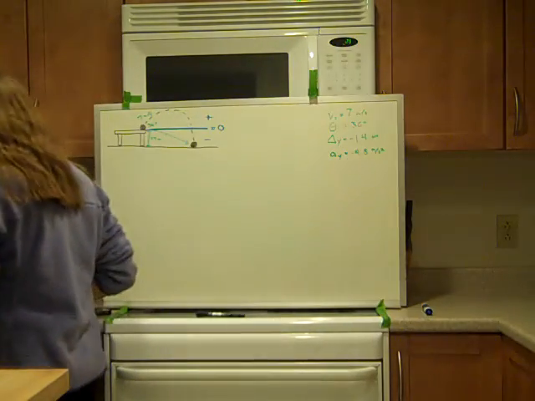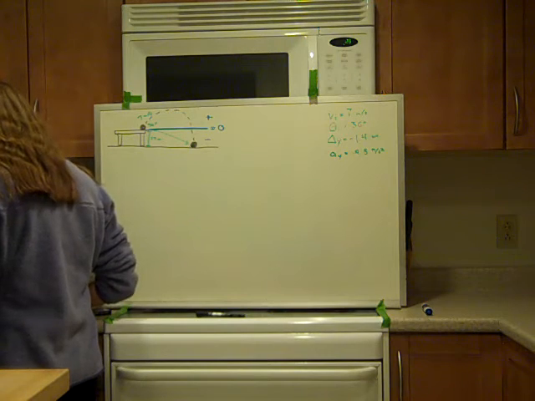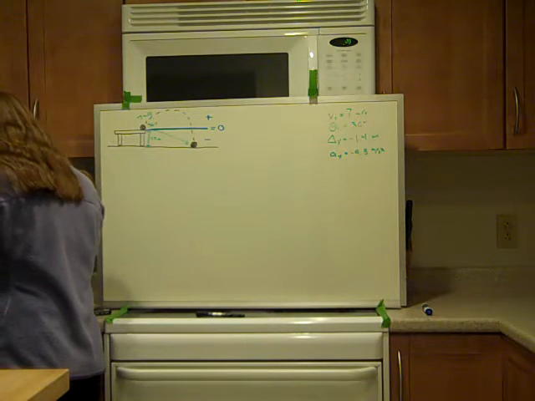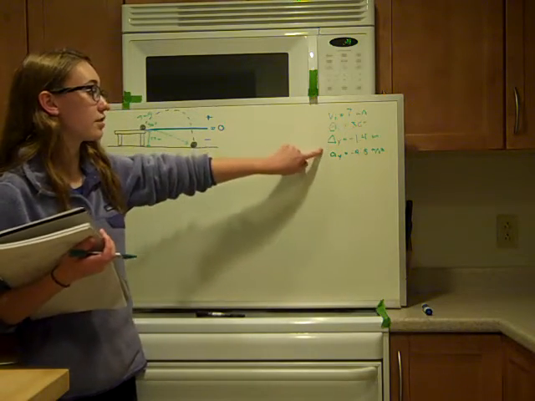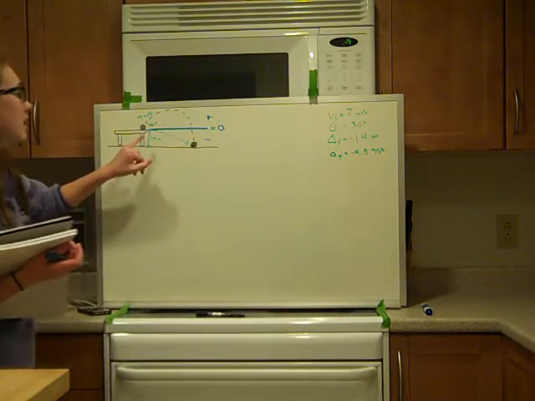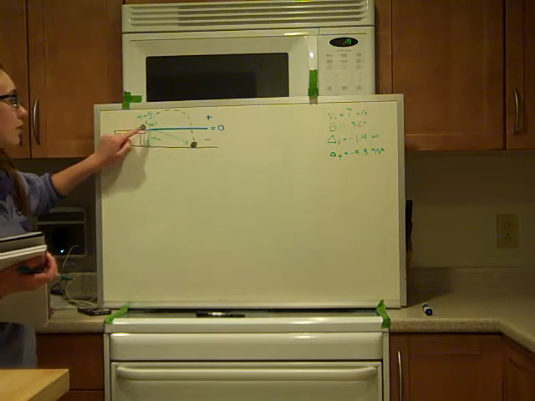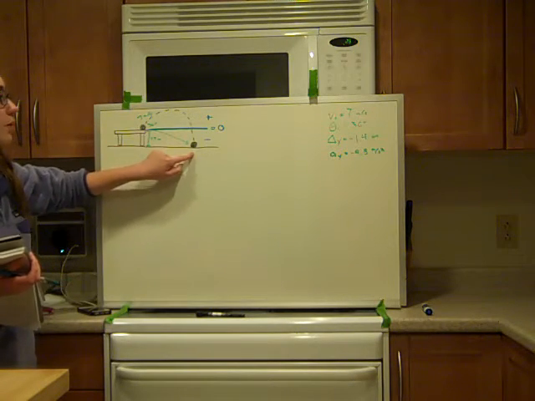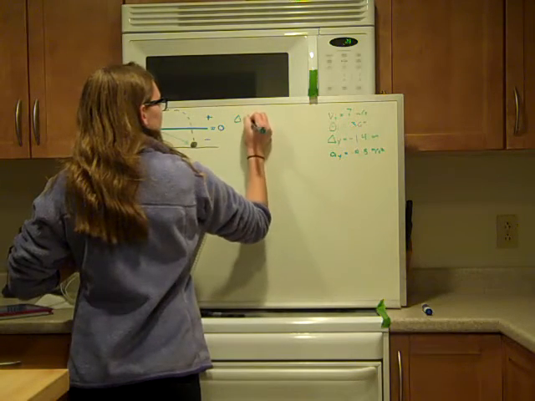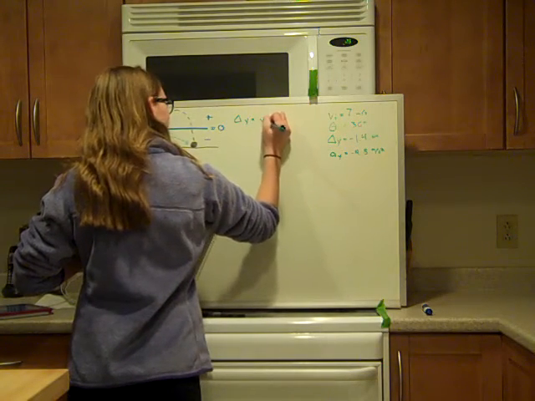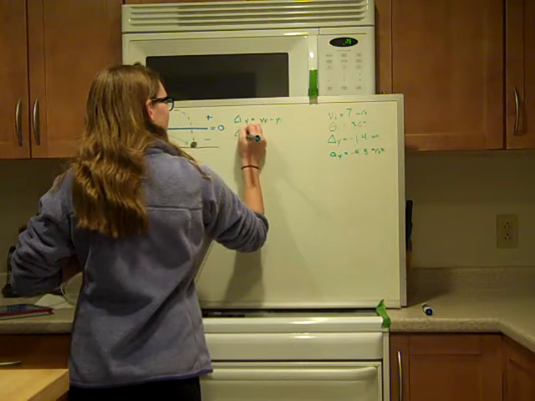So let's see, what does the first question ask for? The first question says, what is the vertical displacement for the whole flight? Oh, we actually wrote that down. Delta y is negative 1.4 because it's going from 0 to negative 1.4. Well, I'll write this out. Delta y is equivalent to y final minus y initial.